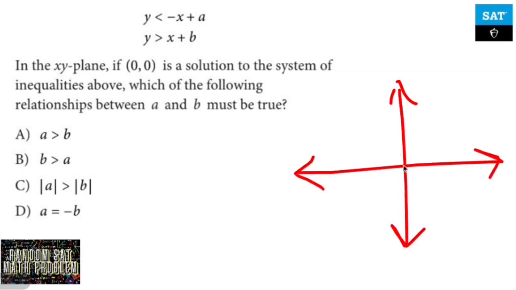All right, so this is how I'm going to look at this. y is less than negative x plus a is going to look like a dashed line where I shade in everything underneath.